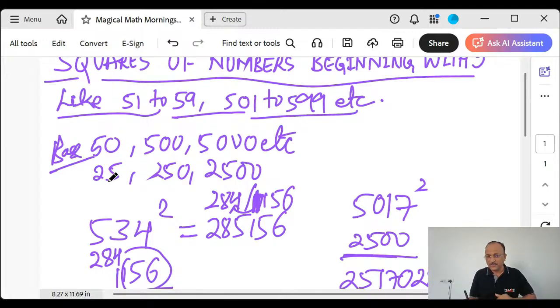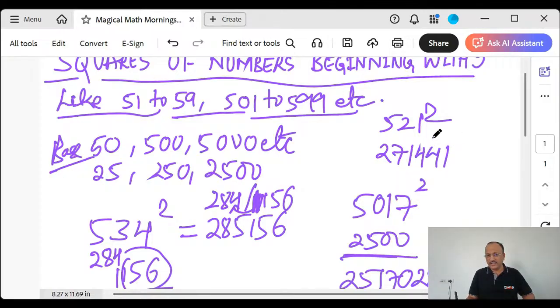Like 59 means you add 25 plus 9. 56 means 25 plus 6. 521 means 250 plus 21. For example, for 521 square, 250 plus 21 is 271. And then you write 21 square as the second part. 21 square is 441. While writing this number, always take care that if the base has more digits than the product, you add zeros. If the product has more digits, then you carry the remaining digits. That's it.